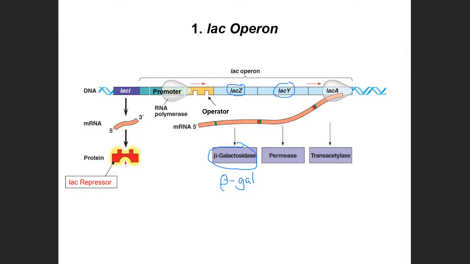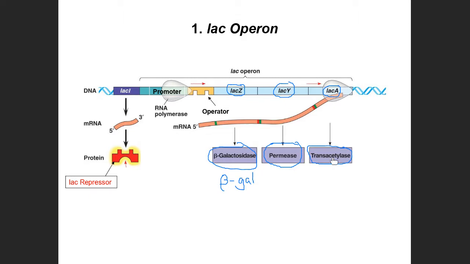This gene codes for a single polypeptide that folds into an active protein enzyme known as permease. And then there's a third and final gene that makes up this operon. It's called the LacA gene. It codes for a single polypeptide that folds into an active protein enzyme called transacetylase.